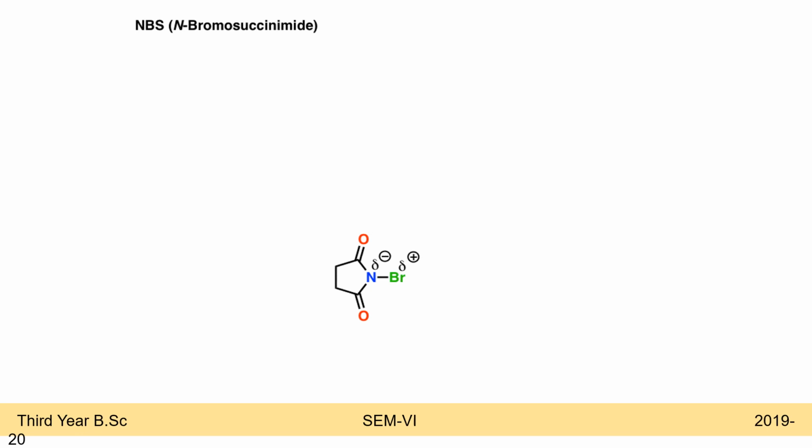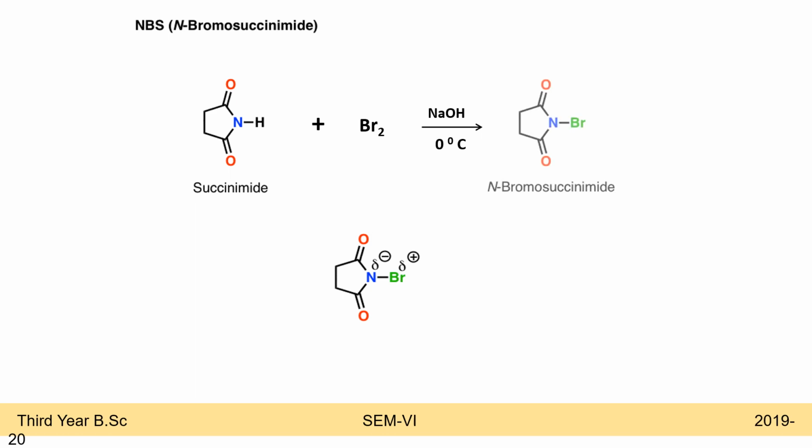NBS is a convenient source of Br radical, and it is a specific reagent useful for allylic brominations and benzylic brominations. It is prepared by adding bromine to a cool solution of succinimide, when the NBS reagent is precipitated. So this is the simple preparation method of NBS, and it is a very useful reagent for bromination in organic chemistry.